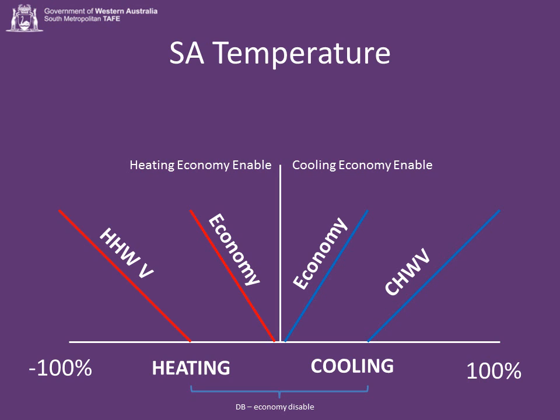But remember I said sometimes in Perth, the air outside is sometimes warmer than the air inside the building, and when we're trying to heat, I can also do economy heating. In this case, I will use the outside air to heat to a percentage loading of about minus 30, minus 40%. After that, if it's not able to heat enough, then I'm going to start using the hot water.